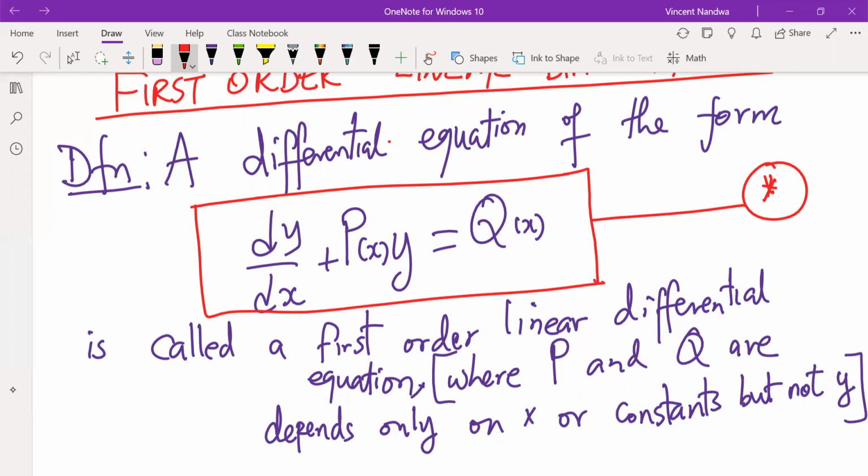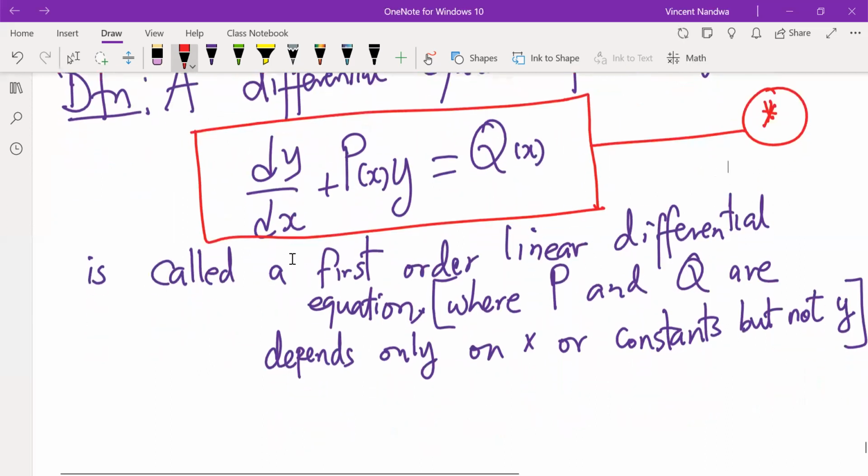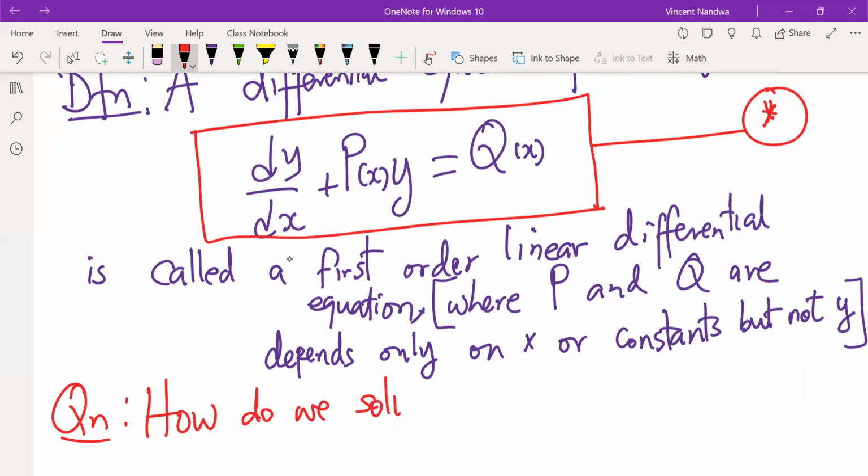So the biggest question is to describe the method on how to solve star. So the question, how do we solve star?